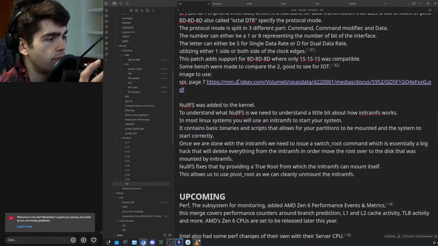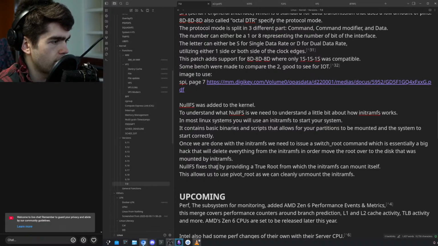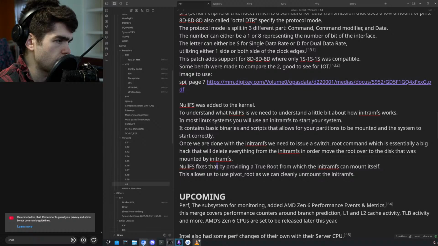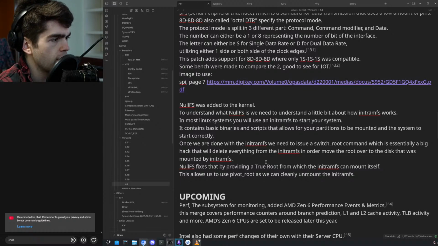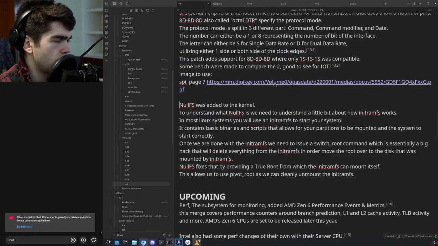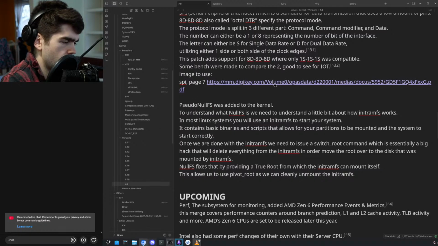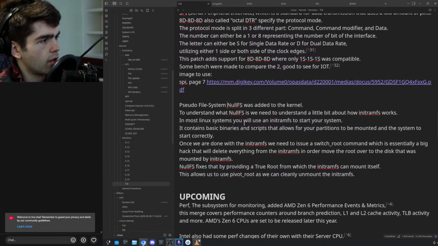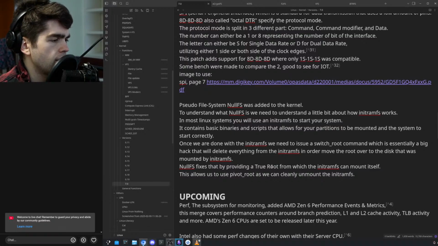Now, nullfs fixes that hack by providing a true root, from which the initramfs can mount itself.